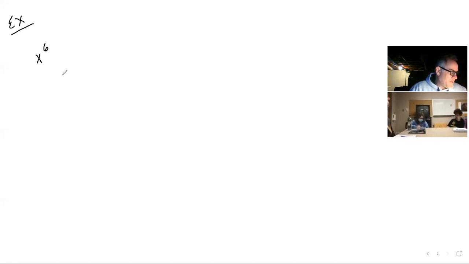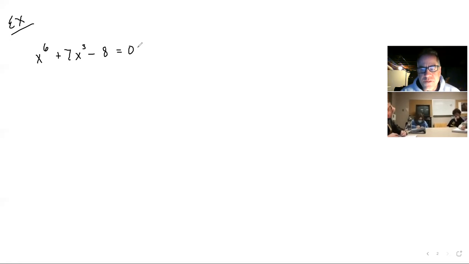So it's not quadratic. It's degree 6. Highest power will be 6, plus 7x cubed minus 8 equals 0. Now, in actuality, I could solve this just by factoring. It would be a quantity x cubed minus 8, times a quantity x cubed plus 1, and set that equal to 0.